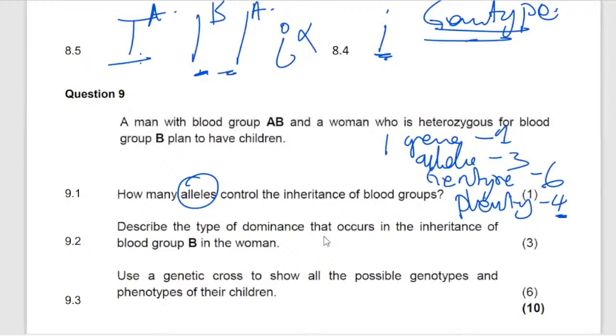Describe the type of dominance that occurs in the inheritance of blood group B. Now they are saying inheritance of blood group B. Check.